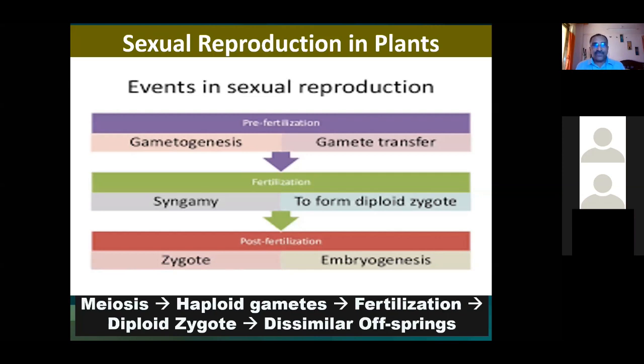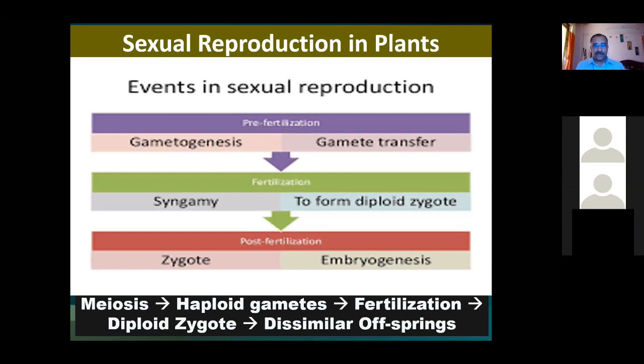All these events you can categorize into three headings: pre-fertilization, fertilization, and post-fertilization. Very simple to remember. You just remember PFP: pre-fertilization, fertilization, and post-fertilization. Okay, you got it clearly.